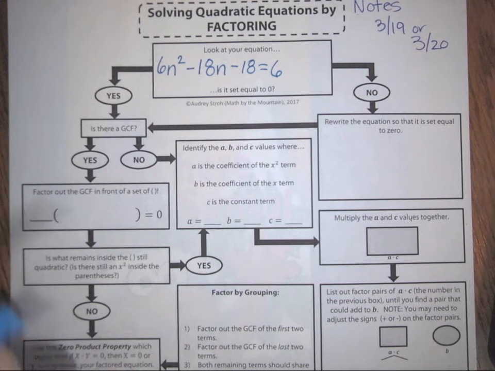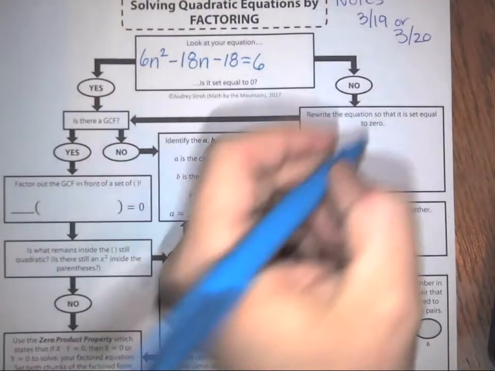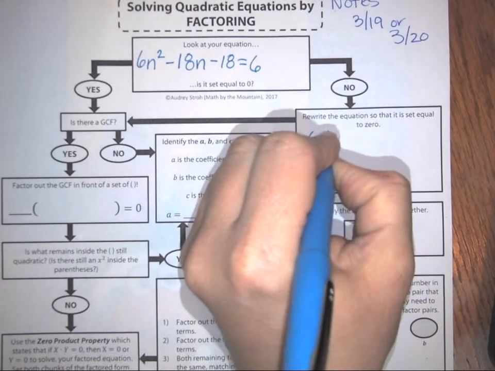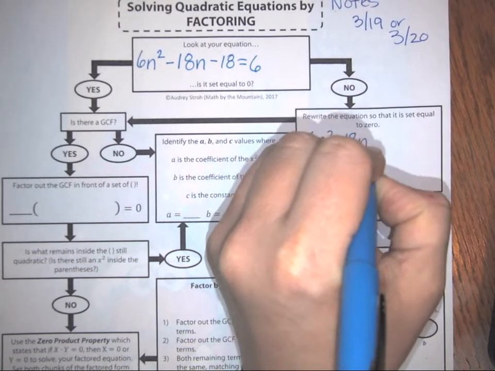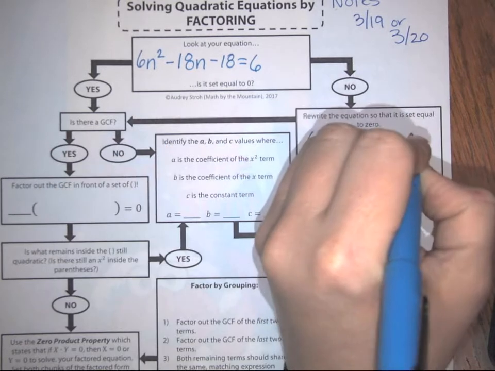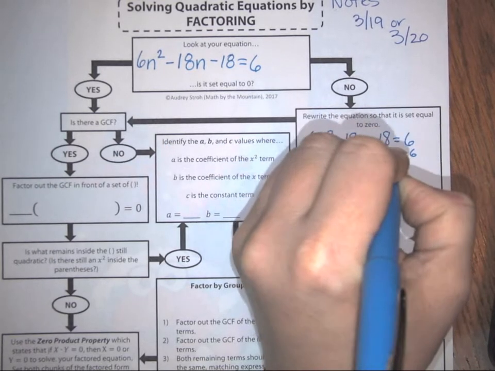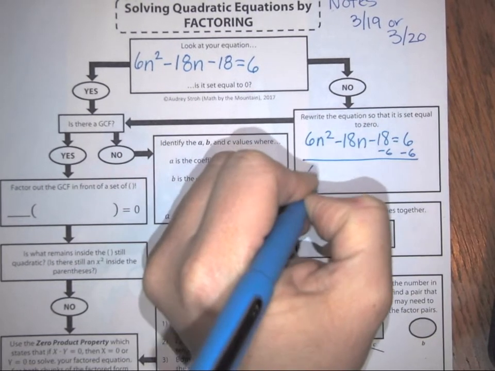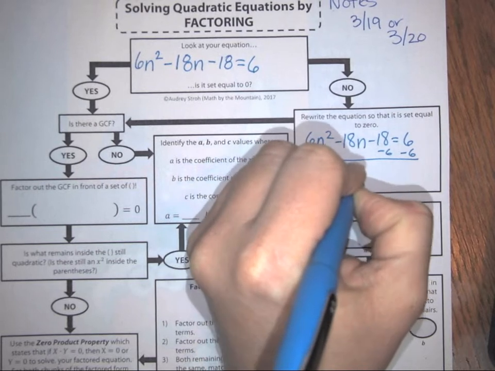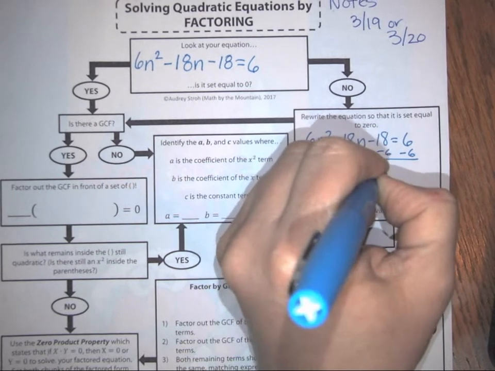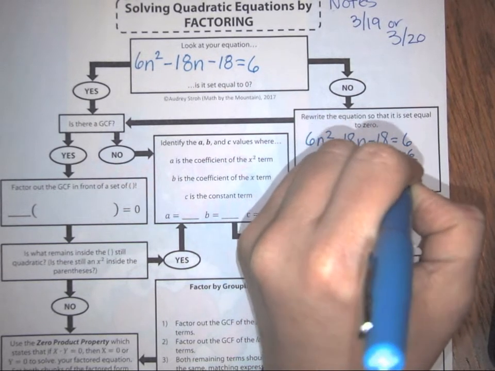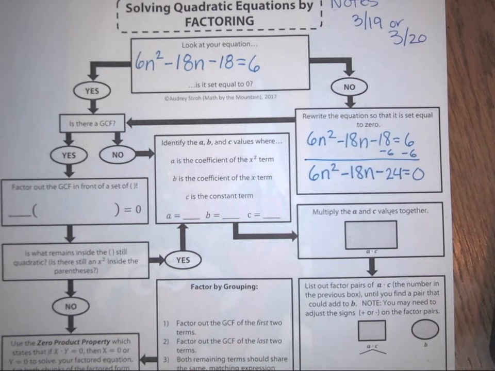In this case, no. So we're going to rewrite it. 6n squared minus 18n minus 18 equals 6. Subtract 6. 6n squared minus 18n minus 24 equals 0.